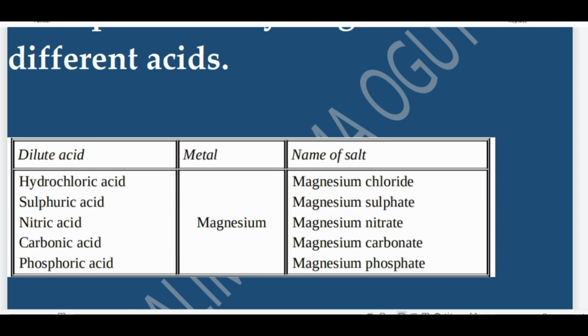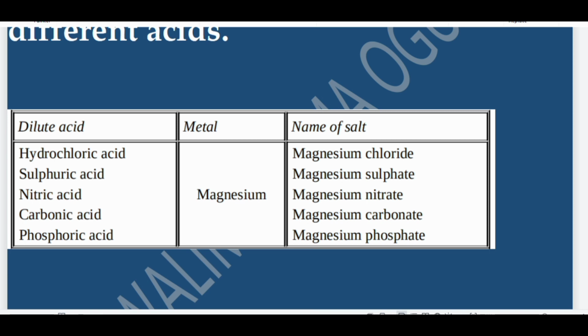With nitric acid, magnesium nitrate. Carbonic acid reacting with magnesium will give magnesium carbonate. Phosphoric acid reacting with magnesium will give magnesium phosphate.